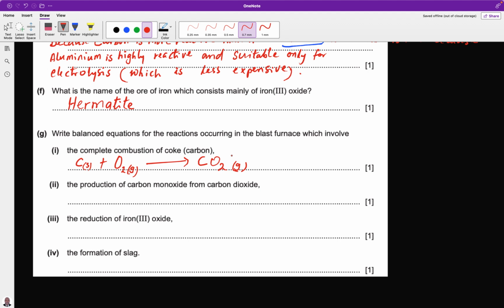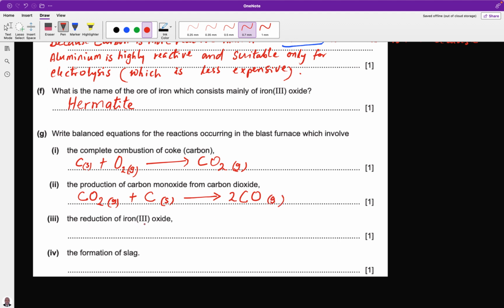Then the production of carbon monoxide from carbon dioxide: carbon dioxide plus carbon gives carbon monoxide, still a gas.